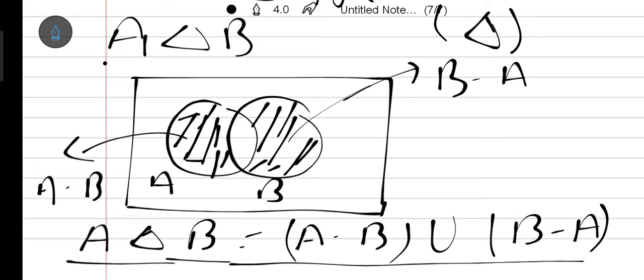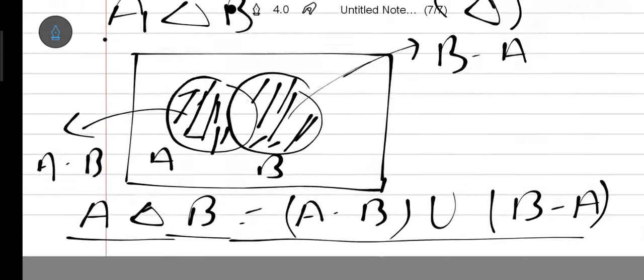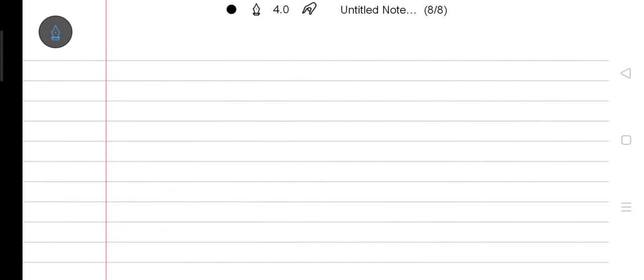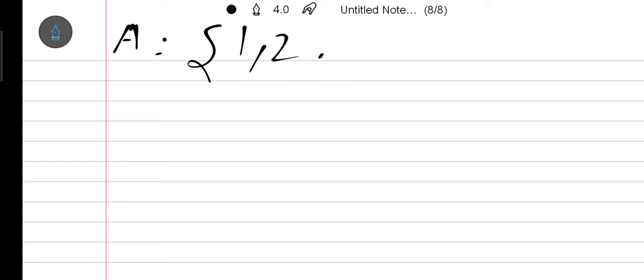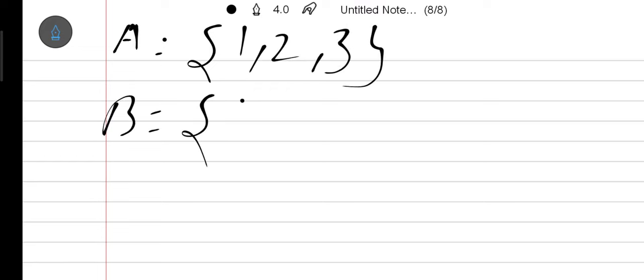Okay, gentlemen. So now let's move ahead. We'll not be taking an example in this because this is a very simple thing. But if you want me to take an example, let's take one. Suppose A is equal to {1, 2, 3}, B is equal to {3, 4, 5}.